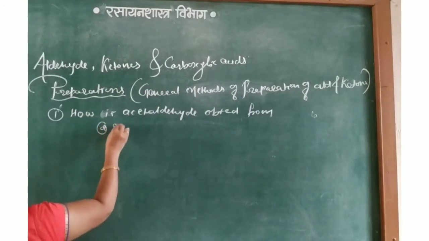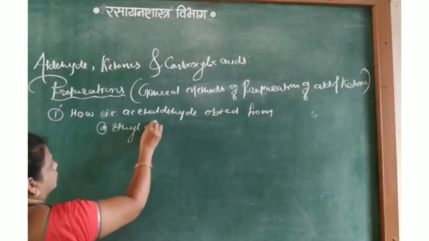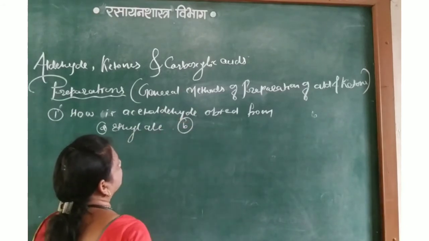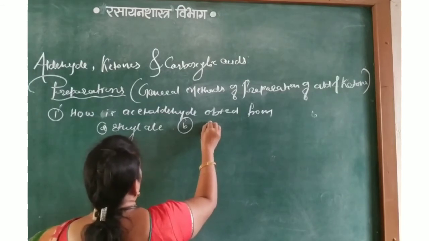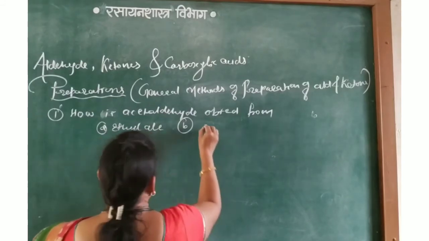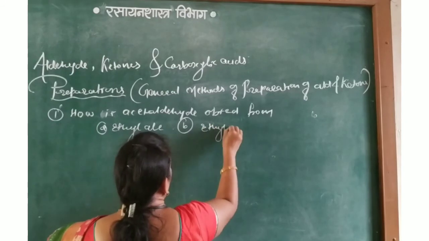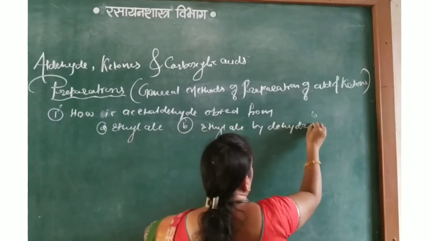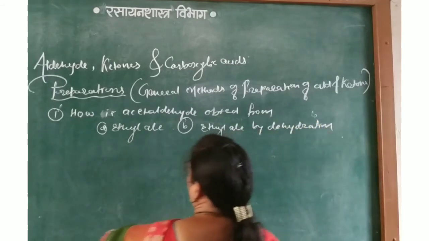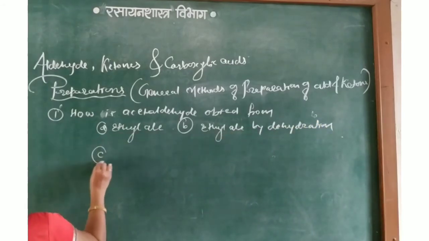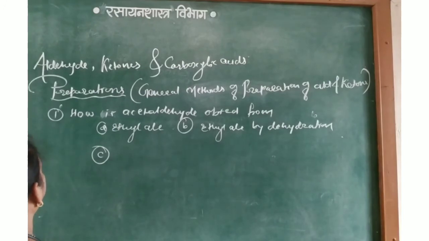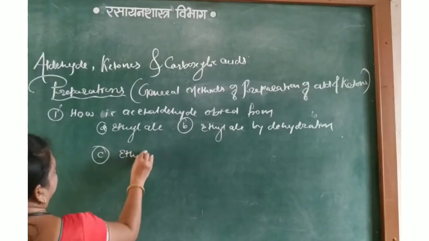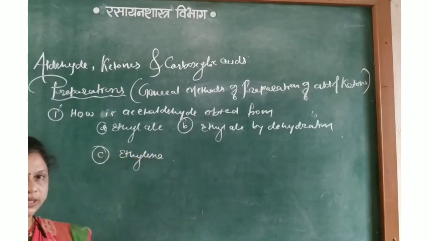A, ethyl alcohol by oxidation, then B, ethyl alcohol by dehydration, then C, ethylene, it is formed by ozonolysis.